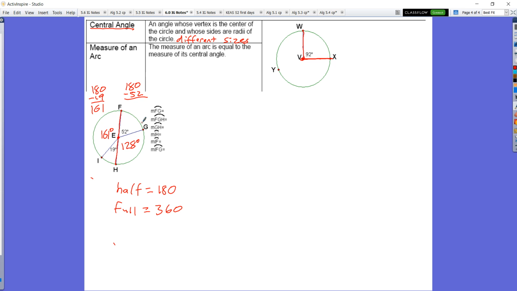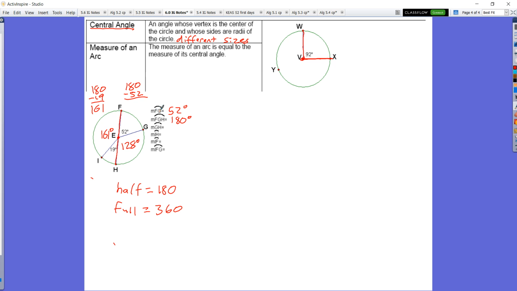So arc FG, going from F to G, gives us 52 degrees. Arc FGH, going from FG to H, is half the circle, a semicircle. So that's going to be 180 degrees. Let's label these whether they are semicircles, minor arcs, or major arcs.